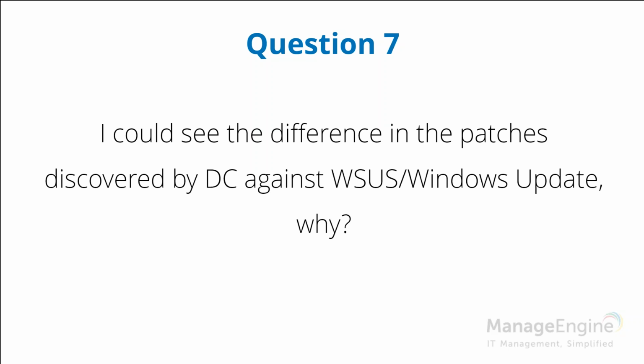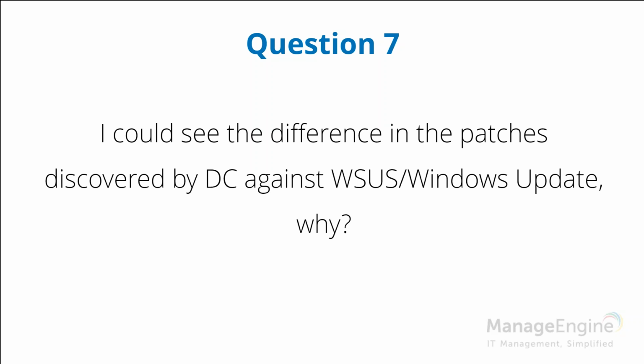Next question, I could see a difference in the patches discovered by Desktop Central against WSUS or Windows Update. Why is that? I'm sure this is a very common scenario that most of you have come across. This is the detection mismatch. The first and foremost reason is that Desktop Central supports third-party application updates, which are not supported by WSUS or Windows Updates.